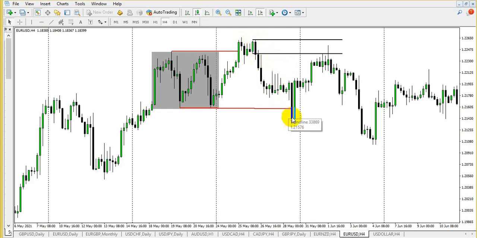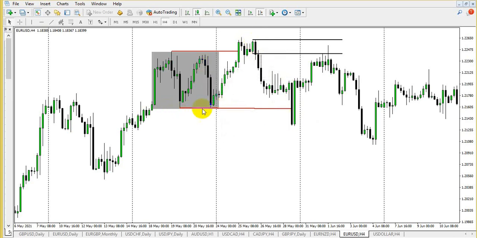Now when I see something like that, it tells me that the order block here is created by institutional bodies, created by market makers, created by central banks. When I notice that kind of thing, I know that this order block is going to be high probability. Now we see break in market structure.